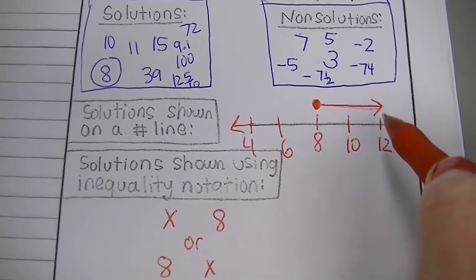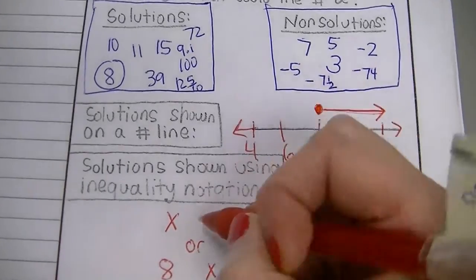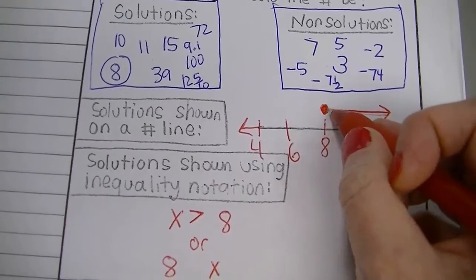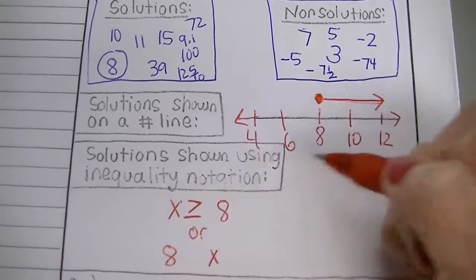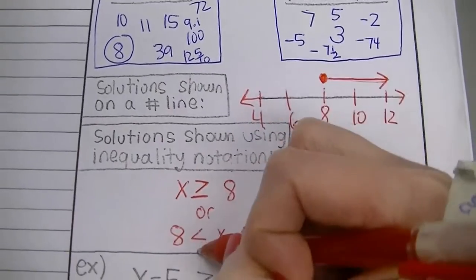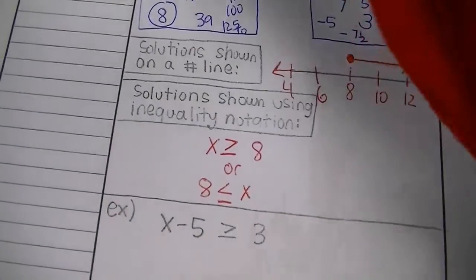Think to yourself, which is further to the right, 8 or the x? Oh, the x is, so that's bigger. So the inequality is going to face that way, and keep in mind it's filled in, so you're going to put that little symbol right there, okay? Well, x is bigger, it's still bigger over here, and yeah, it could also equal 8. So there's your solution in inequality notation.